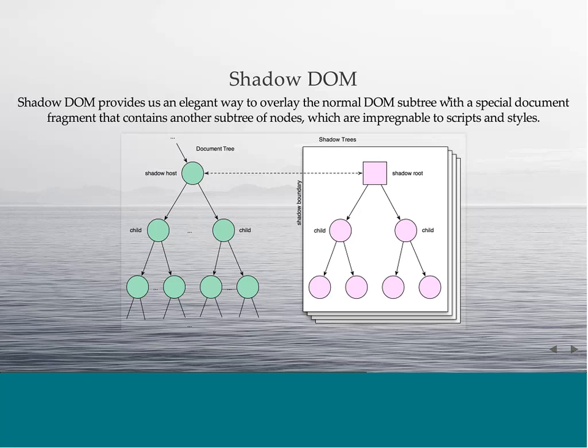If I have inside my shadow tree a button element, say, and I style that button element to be a background of red, if I go into the main document, into my main CSS, and I say all buttons are green, the button inside the shadow tree will still remain red because it is impregnable to any style outside of it. It will always use this internal style.